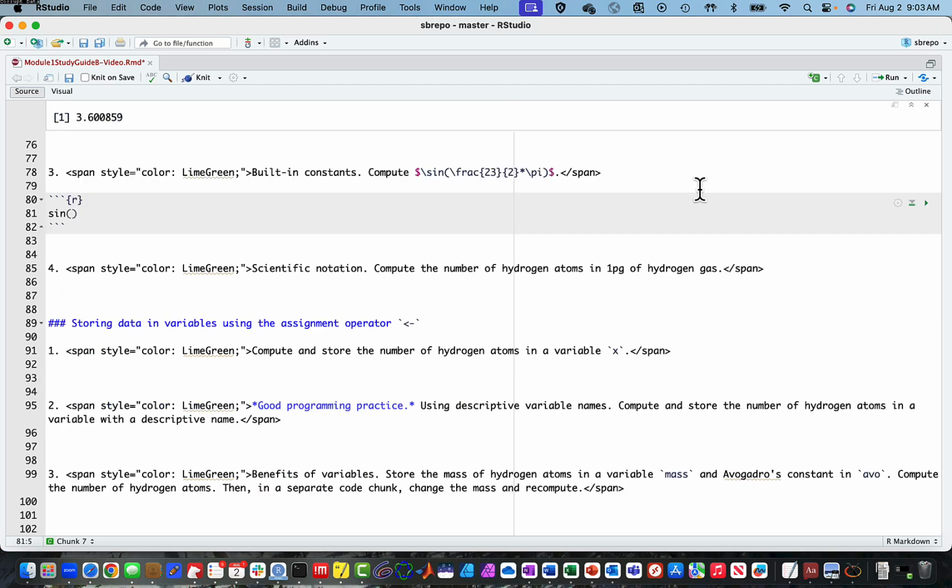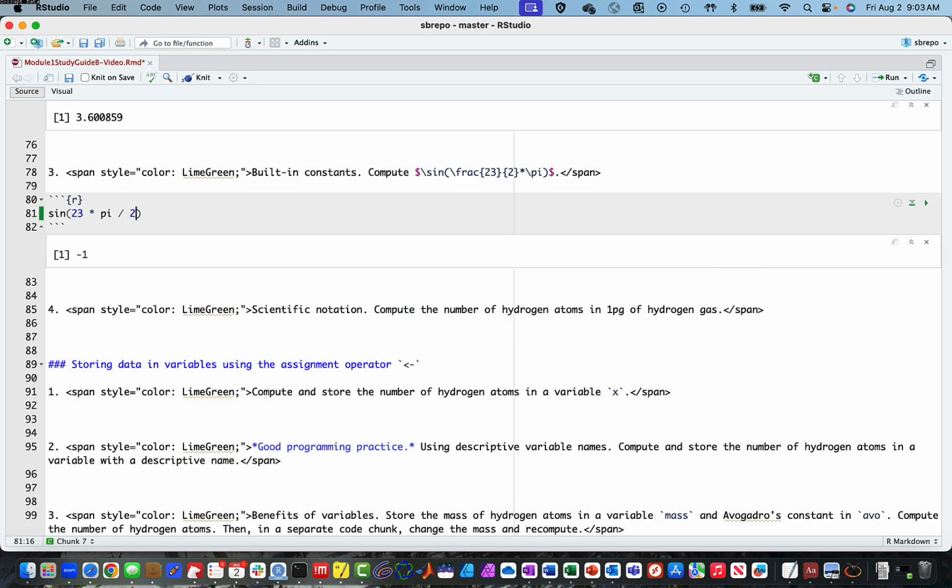And then we can type out the rest of the expression. So 23 times. Now we need pi. It's a predefined constant, which is just pi. You can do tab and see that it already is defined as a built-in constant. And I can hit return to choose it, divided by 2. And then I can run this code chunk, Control Shift Return, and the answer is -1.